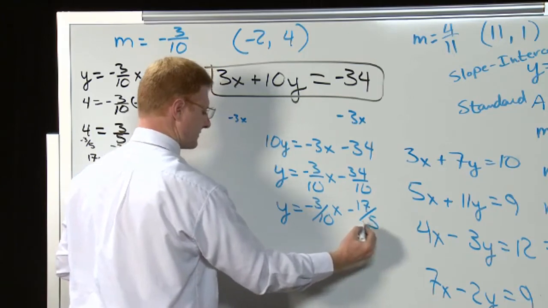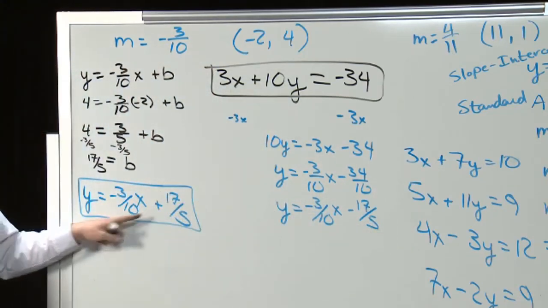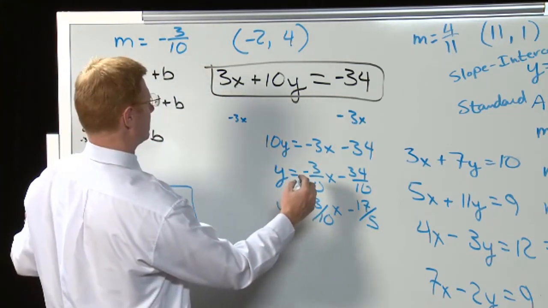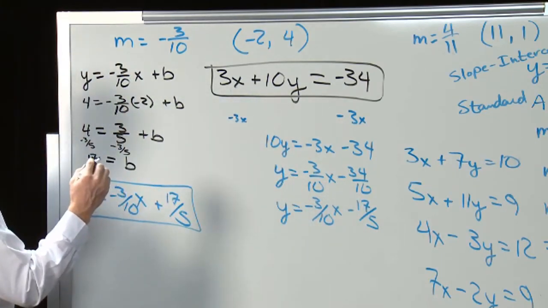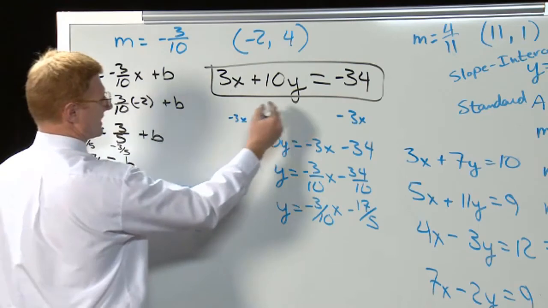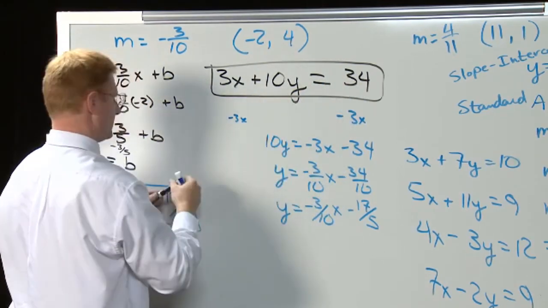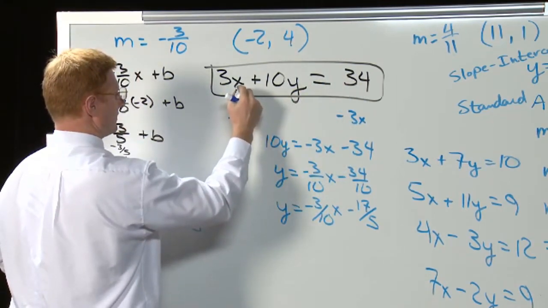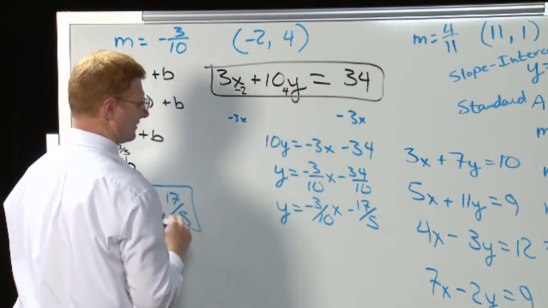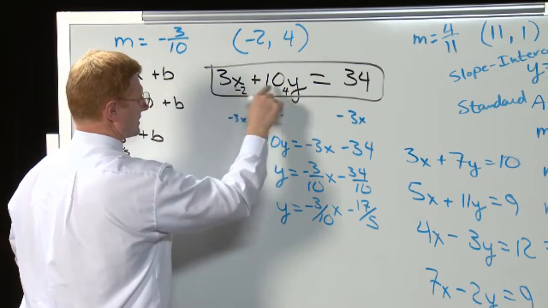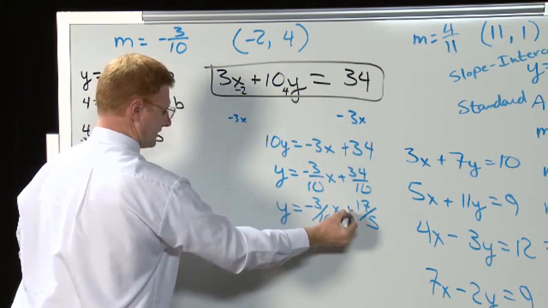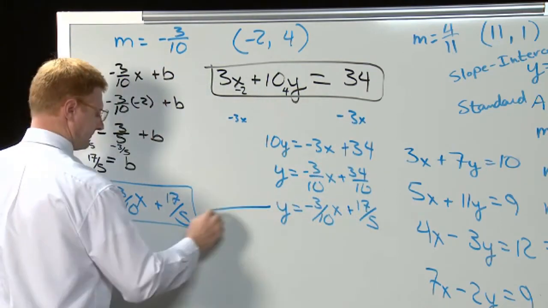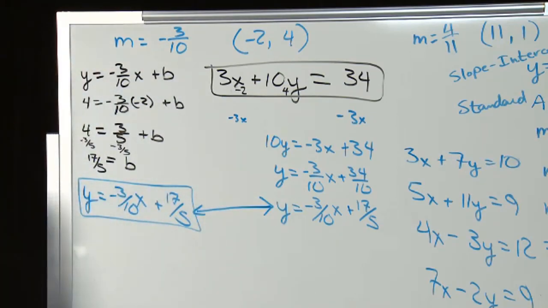About 17/5. You'll notice these two are exactly, oh, what did I do wrong there? Negative 3/10. Oh, this was a negative 6 plus a 40. I apologize. So that's negative 6, that's a positive 34. So positive, positive. There we go, much better. You'll see that those two match up.